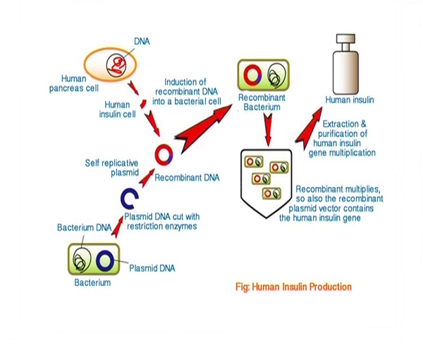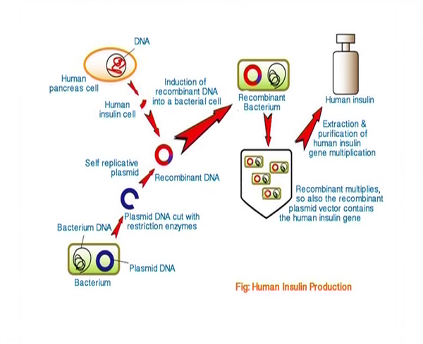The expression of the human insulin gene for insulin production in bacteria, which seemed like science fiction a few decades ago, was made possible due to the development of genetic engineering. The human insulin gene was isolated and inserted into a small self-replicating plasmid, forming a recombinant molecule, which was then introduced into bacteria, which act as hosts.